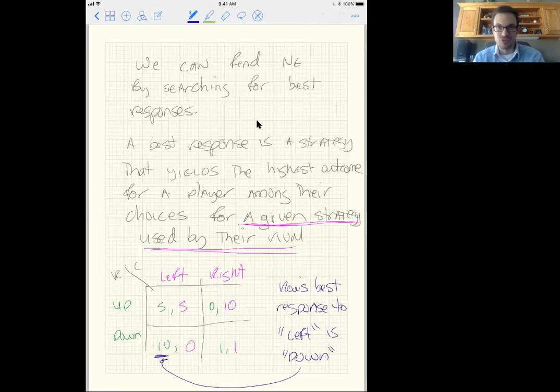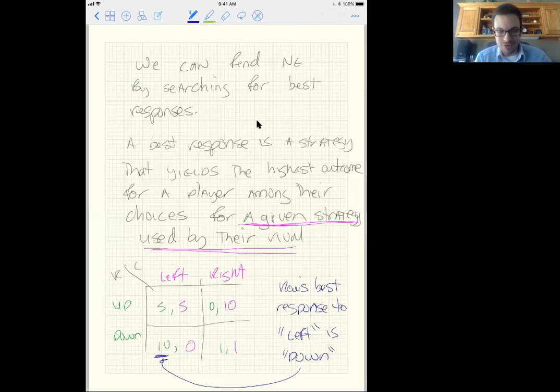And as your rival is choosing their strategy, it turns out that your best response to them driving on the right is for you to drive on the right as well, because then you'll go by each other and you'll miss, right? Driving on the left, when the rival has chosen to drive on the right, is not a best response.